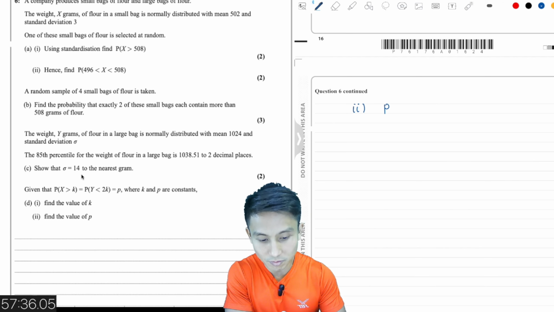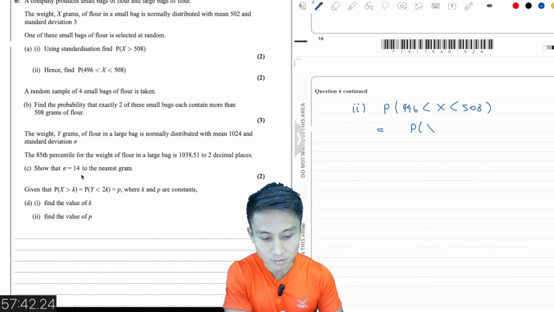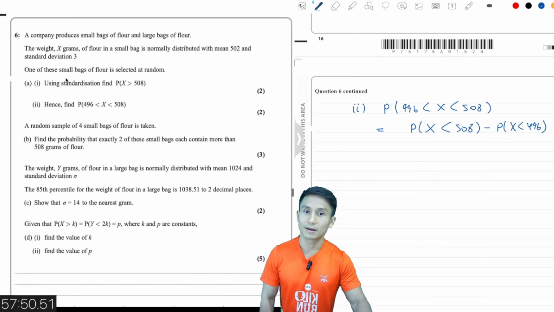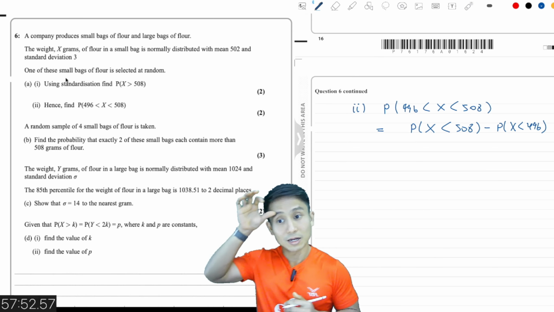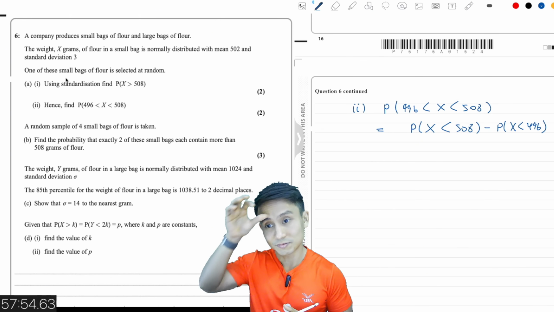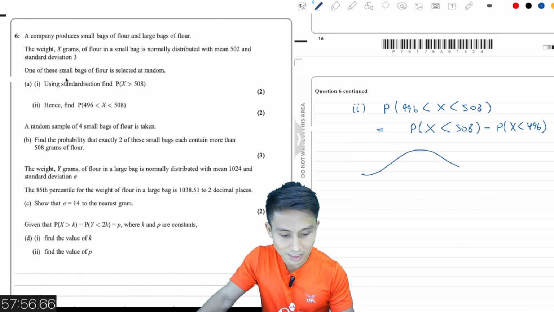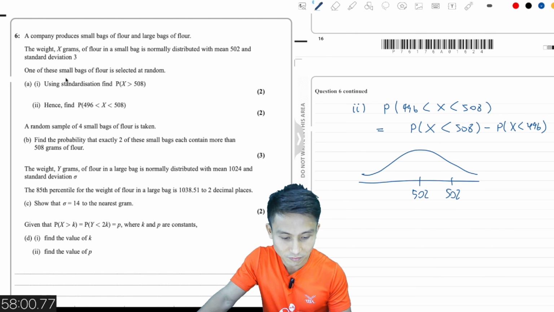Okay, so probability of 496 less than X less than 508 would be equal to the probability of X less than 508 minus the probability of X less than 496. Now, let's take some notice here, because I just noticed that the mean is 502 and that was 508, right?